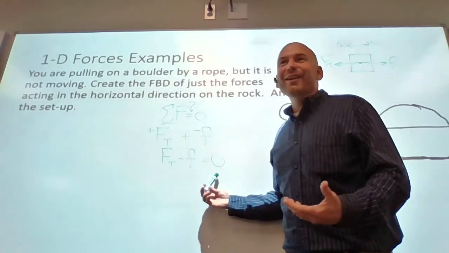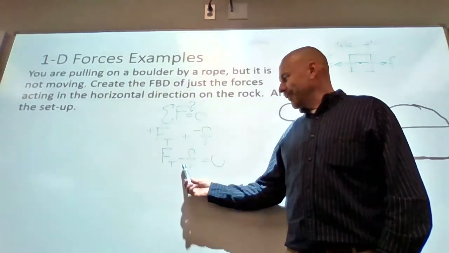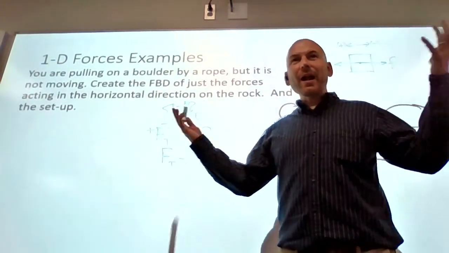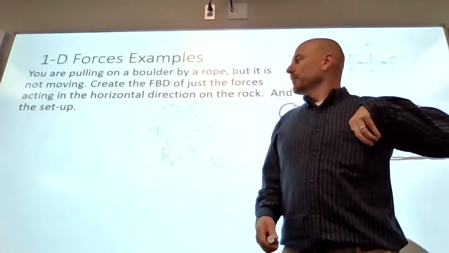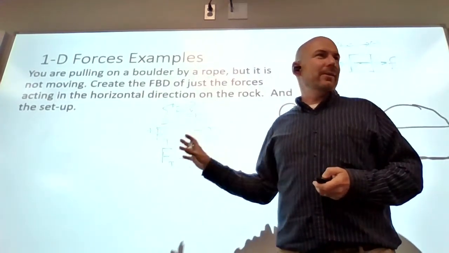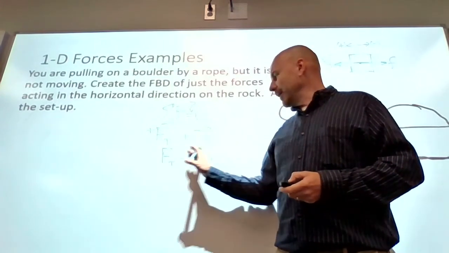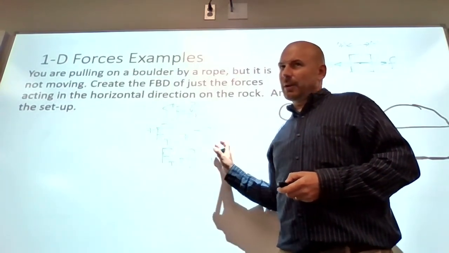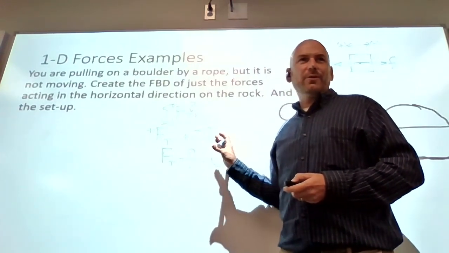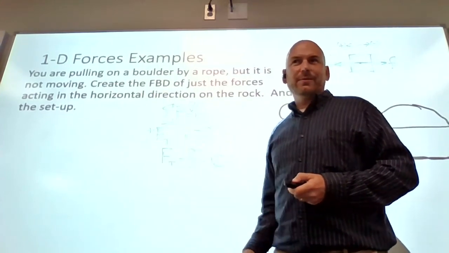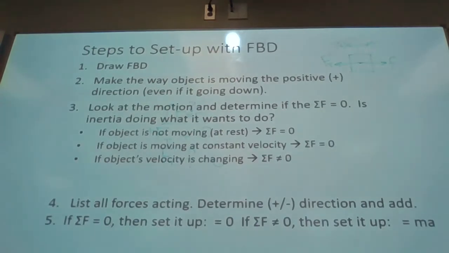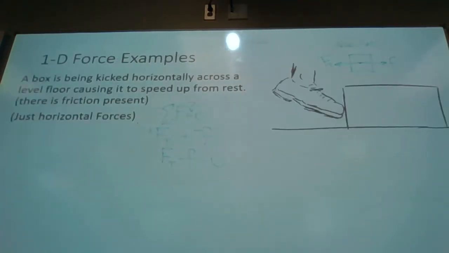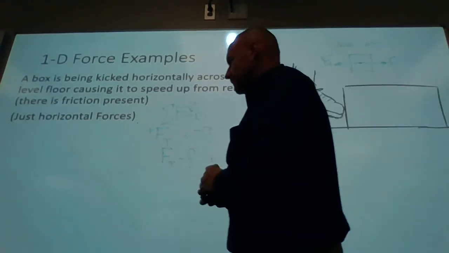Hey, that's like 100! Because you solve for lowercase f. Ta-da! Easy peasy. Okay, now, does that make sense? So you're going for the setup. I know it's kind of easy, but they're going to get way harder in the future. But I'm starting you out easy. Okay, good with that? Those are the 5 steps we just went through. Okay, next scenario.